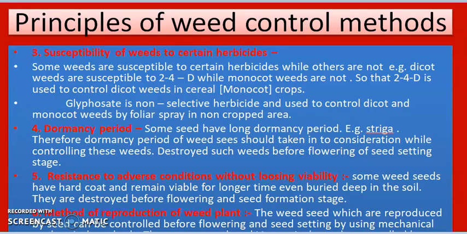So these types of hard seed coated weed plants are controlled before the flowering and seed formation stage by the use of mechanical, chemical and physical weed control method, or a combination of two or more.